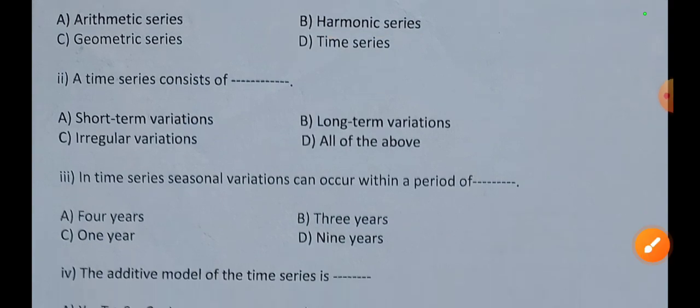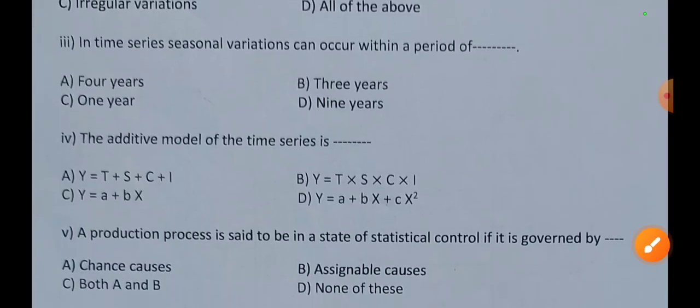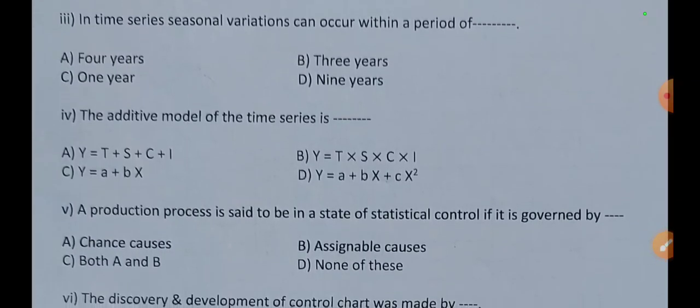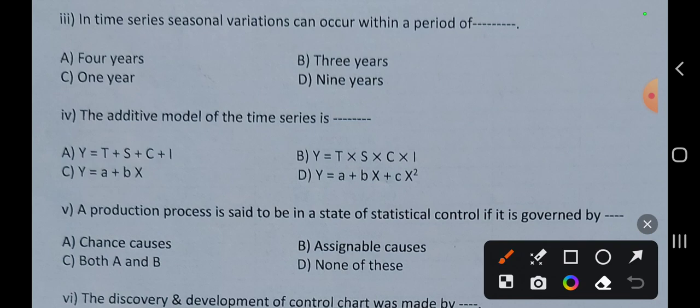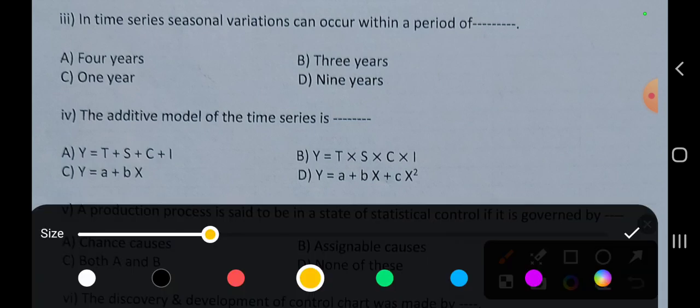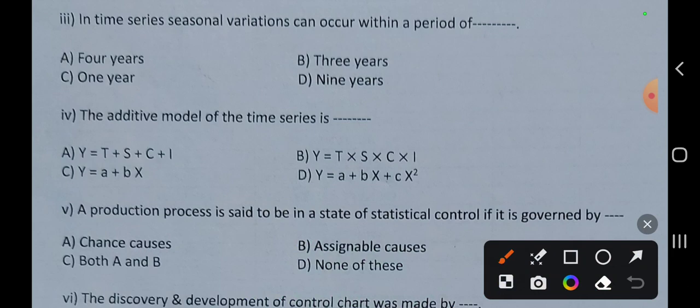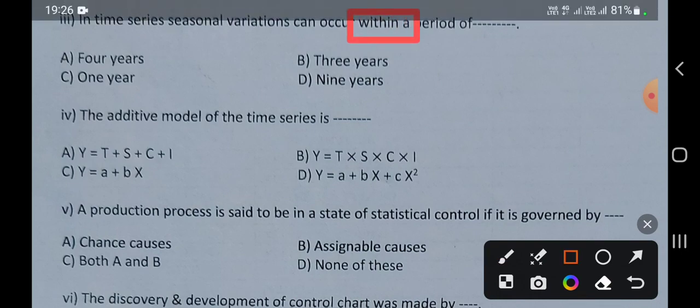So the third question: in time series, seasonal variations can occur within a period of. In a time series, we have seen the components of time series, and there is one component that we call seasonal variation. And in seasonal variation, the word which is very important in this case is within.